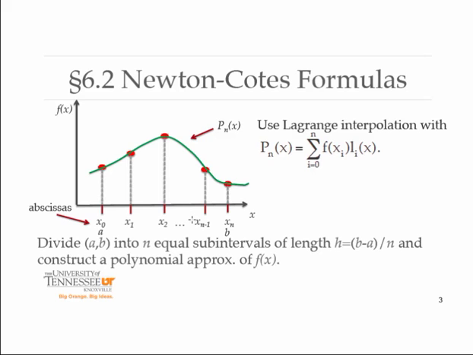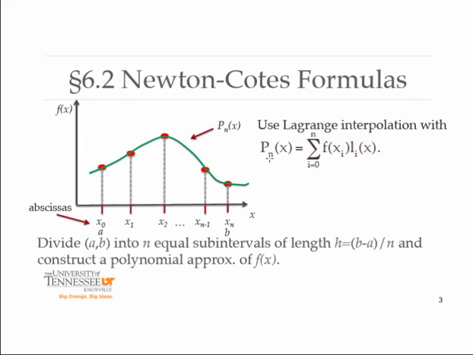And what we'll do is we will build a Lagrange interpolant over those abscissa points, and we'll call it P sub n of x for those n plus 1 data points. So it will be unique. Again, it'll be of degree n, but it'll be interpolating to those n plus 1 points. All right.